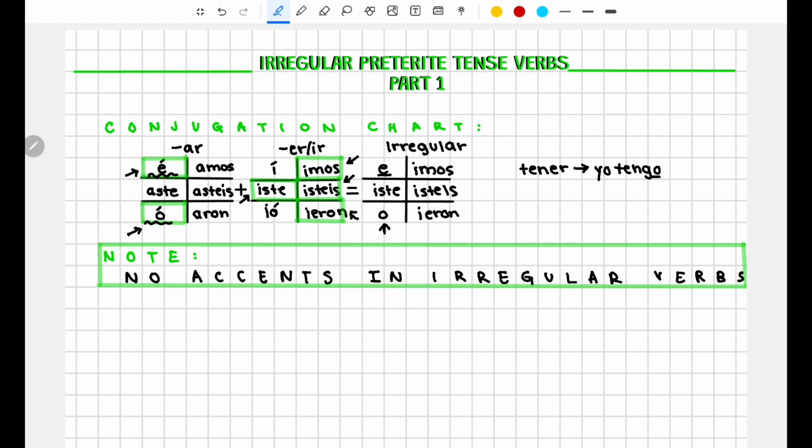But if we were to still keep this stem of teng, T-E-N-G, in the irregular, then the él form would still be tengo, which wouldn't make sense. So that's why the stem itself also has to change. The stem is not going to be ten, it's actually going to be tuv. But we'll get more into the specific stems later.